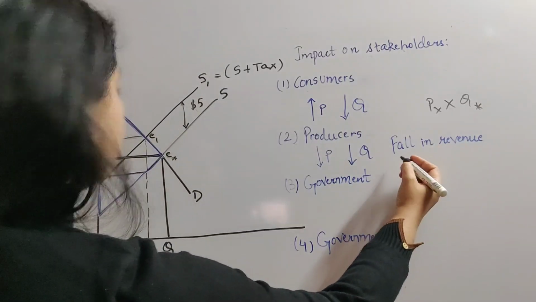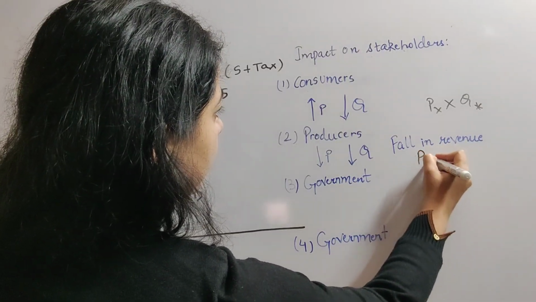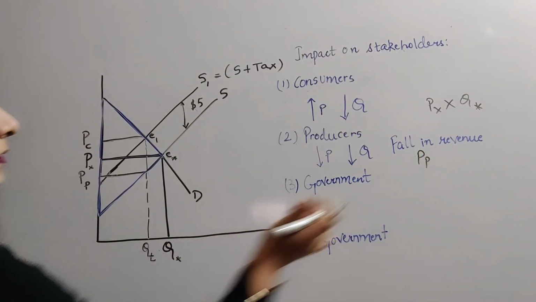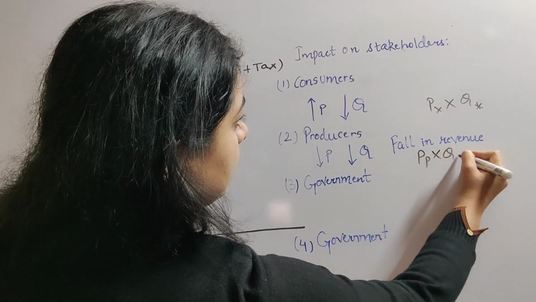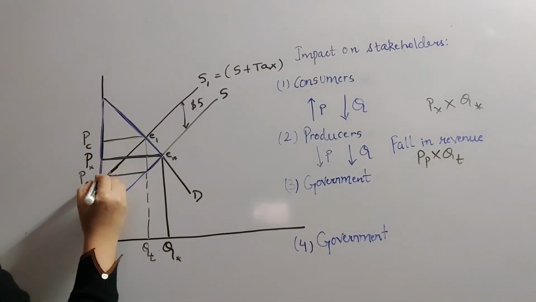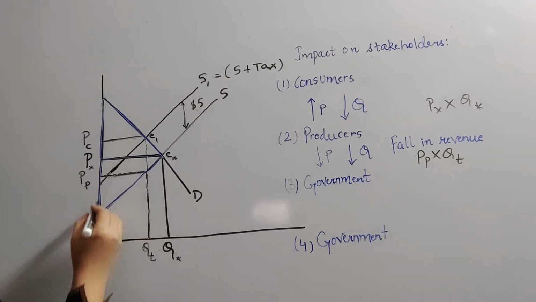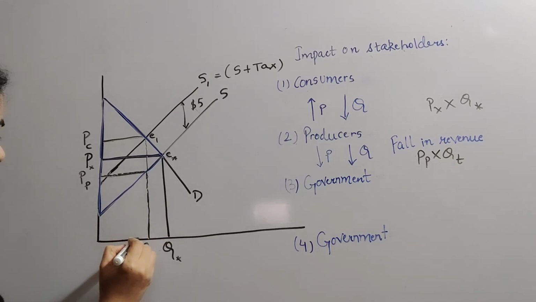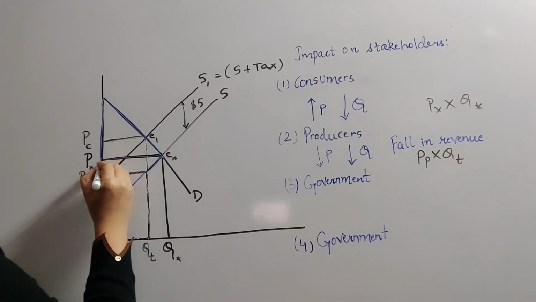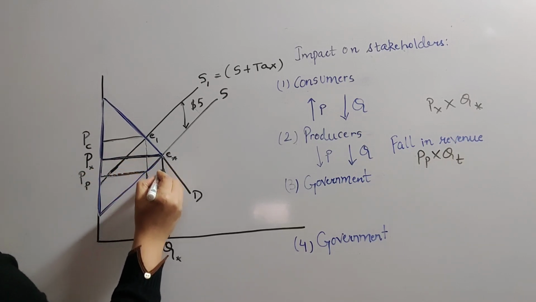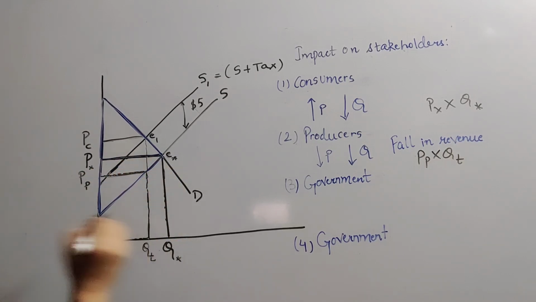So now the revenue is PP times QT. So this rectangle represents the producer's revenue, which is comparatively less than the earlier revenue that he was getting before taxation.